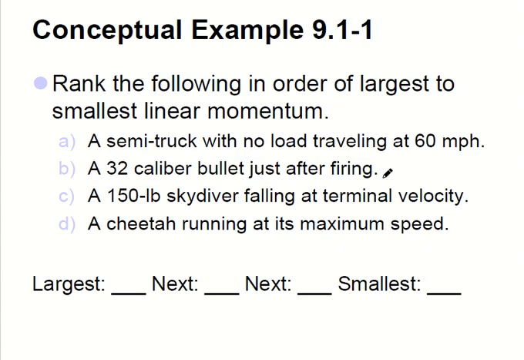All right. Now here is the first example that you have to identify. Rank the following in order of largest to smallest linear momentum. We know that linear momentum is G, mass times velocity.